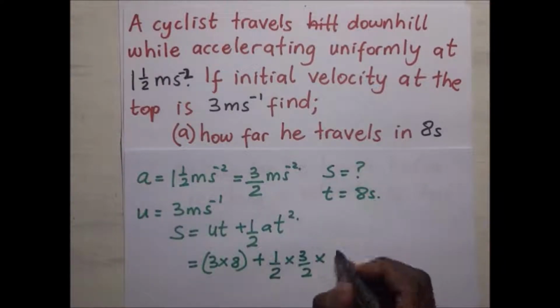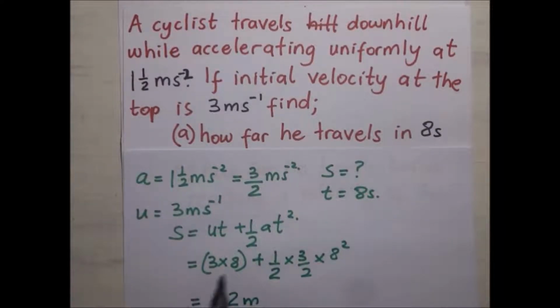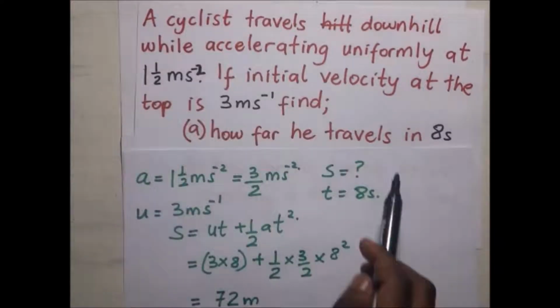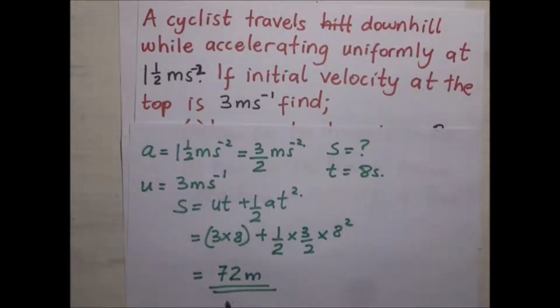Our value of t is 8, so it is 8 squared, and when we sum all this up, we end up with 72 meters. So in 8 seconds, the cyclist will have traveled 72 meters, and that's our answer.